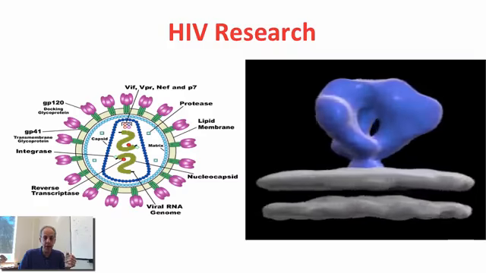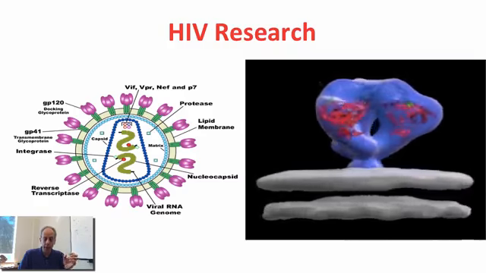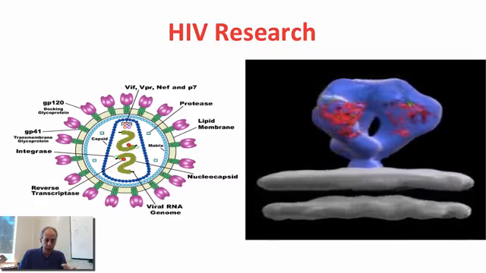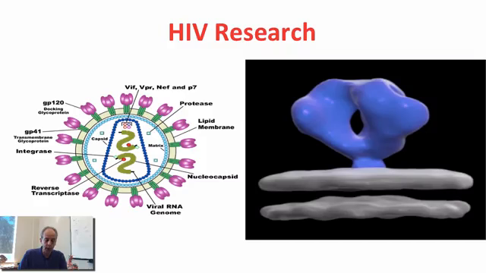This is a three-dimensional rendering of exactly what's marked in the picture as the GP120 and the GP41. So that's what's called the envelope. And that's a very important part of the virus that the virus uses to latch onto the next cell. And identifying that shape is very, very important.